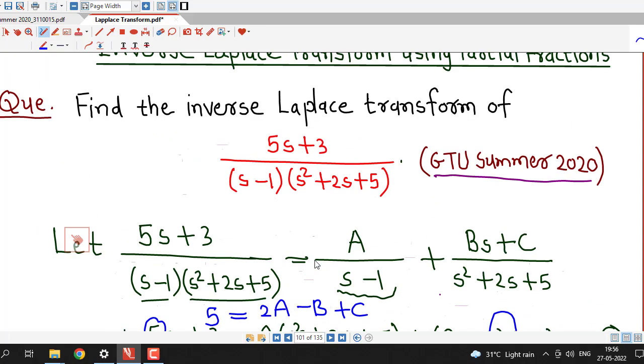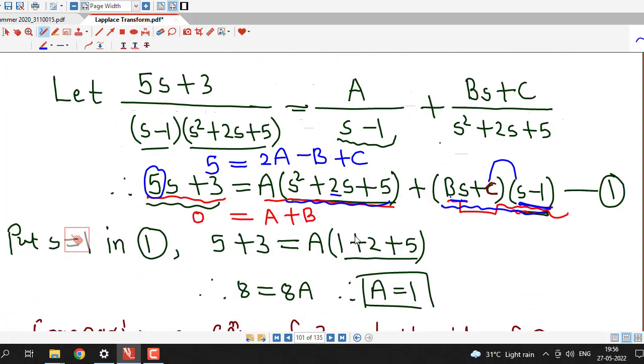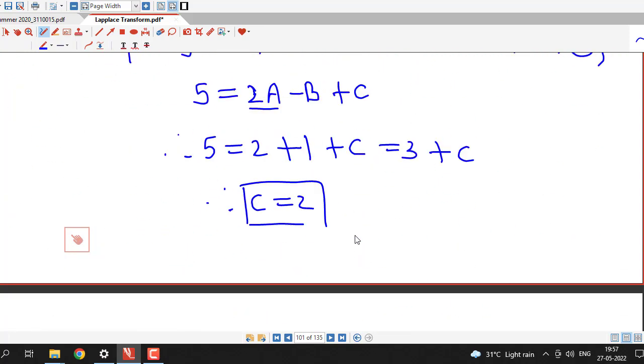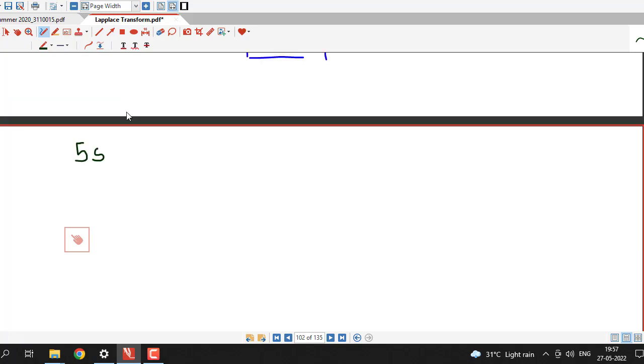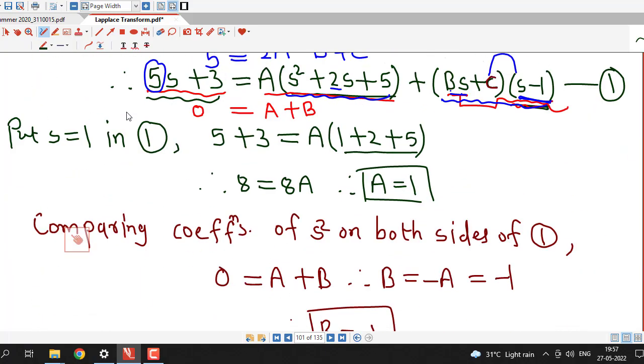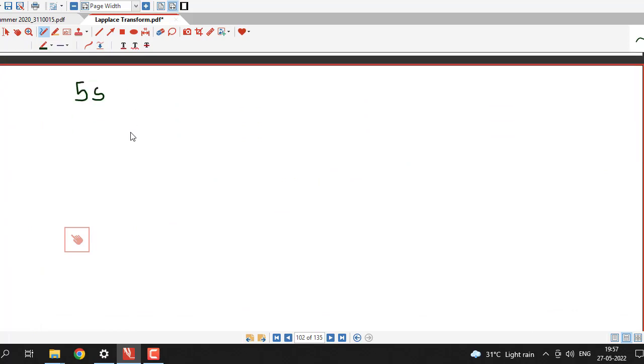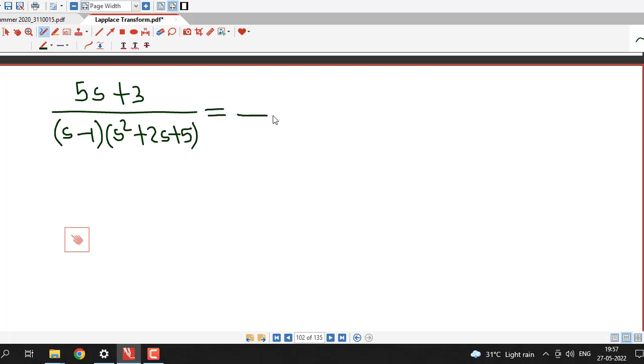So we have obtained these constants a, b and c. Now we substitute them, and we are able to write our function in terms of partial fractions. Our function 5s plus 3 divided by s minus 1 into s square plus 2s plus 5 equal to, value of a is 1, so this is 1 divided by s minus 1.